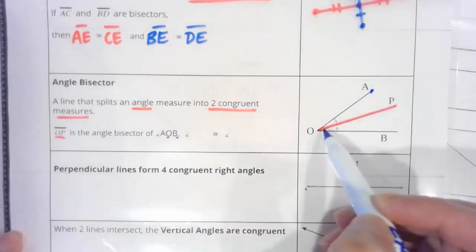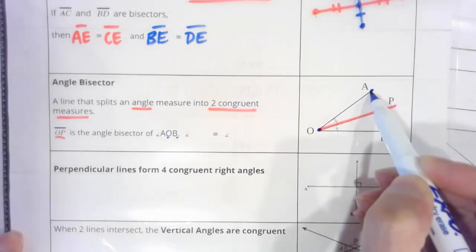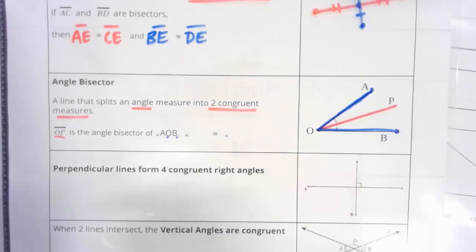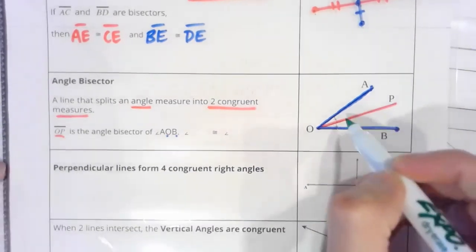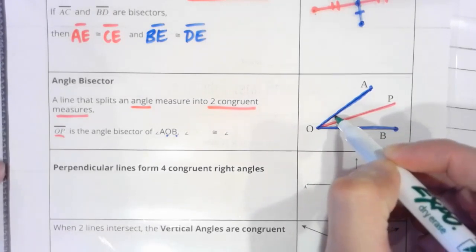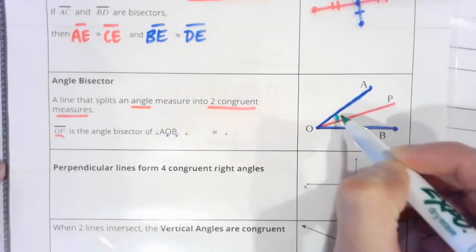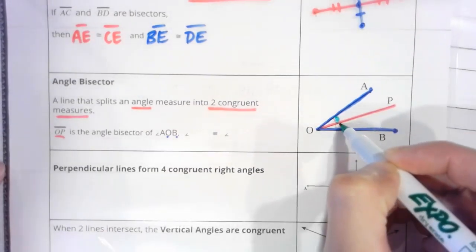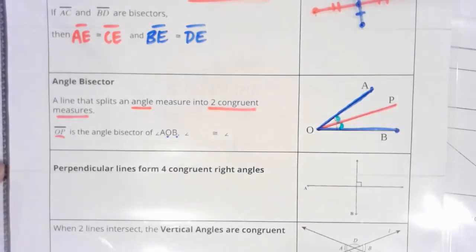So AOB is this angle right here. And it's going to be split into two halves. So that means that this angle, that half, is then going to be congruent to this half right here.